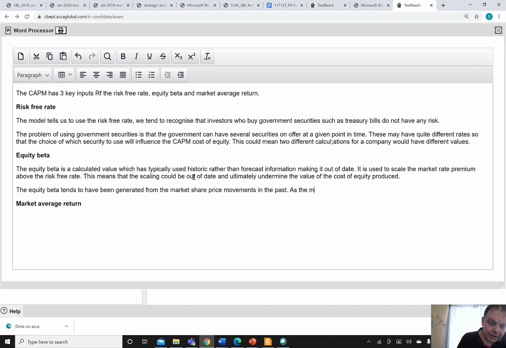As the market share price is live, it can change on a daily basis, making it difficult to set a precise equity beta value on a specific date.